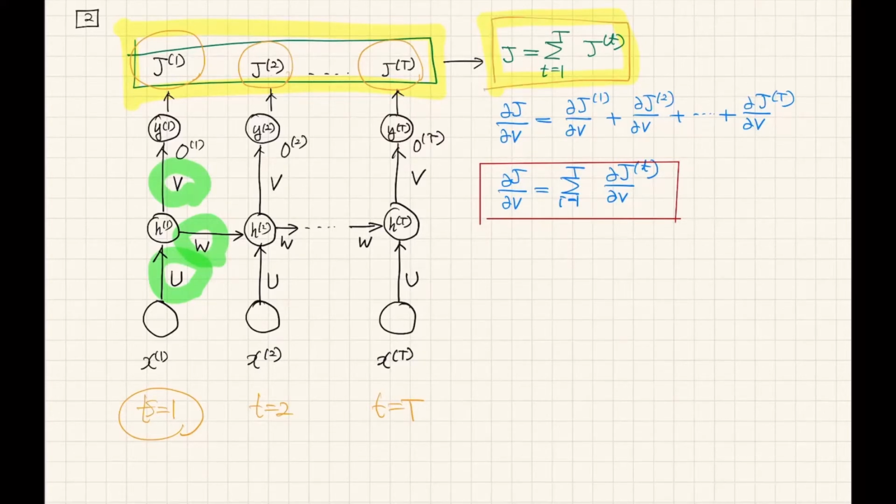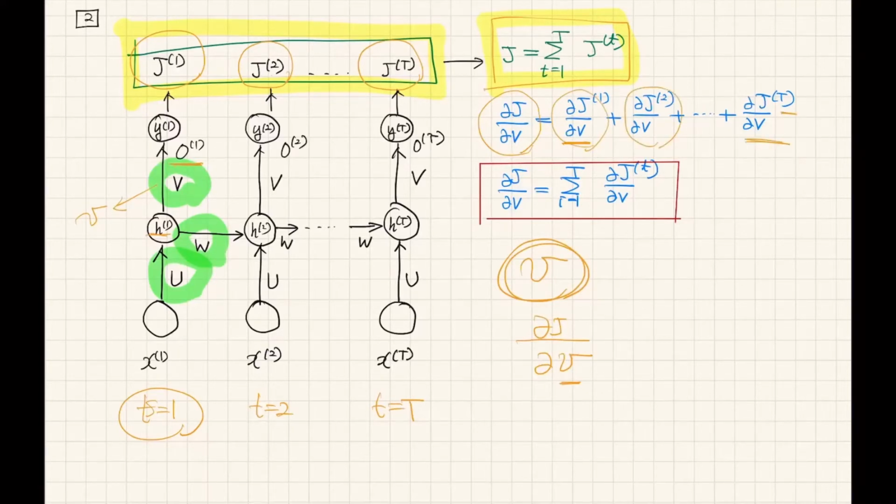In order to update, for example, V, we have to find the derivative of the cost function with respect to V. V is the matrix connecting the hidden layer to the output layer. The derivative of the total cost function with respect to V is the summation of the derivatives of the cost function from t equals 1, t equals 2, to t equals the terminal.